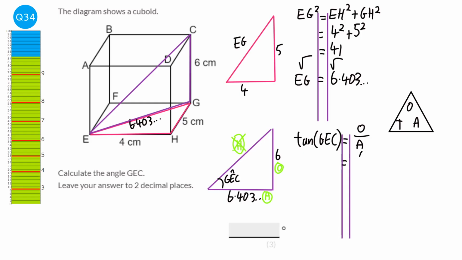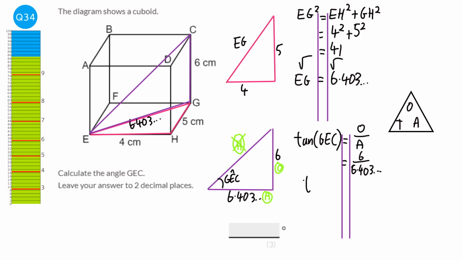The opposite is 6, and the adjacent is that 6.403, etc. And I'm keeping it in my calculator so I can make sure that I don't lose any accuracy. You can actually round it to 6.403. Just try and round it to a sensible degree of accuracy, say 3 or 4 decimal places, and that's fine. If you round it to, say, 6, then it's going to have a big influence on the answer.